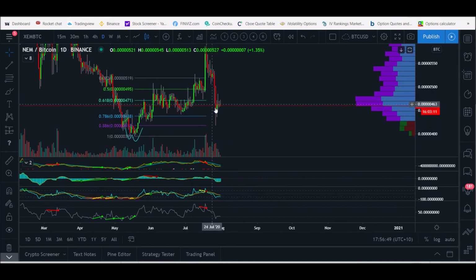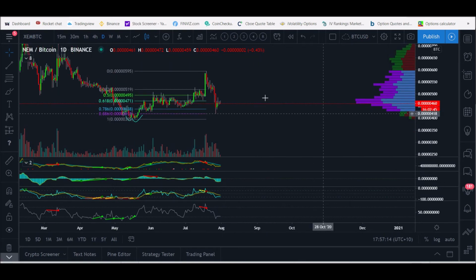So I'm guessing price came down here to fill in that gap. But technically this gap is not filled in yet because we do not consider wicks and tails as gaps being filled in. We need the whole body of the candle to fill in that gap. So could I see this coming back down a little bit more? Yeah, which would give us a nice bullish divergence here in the histogram.